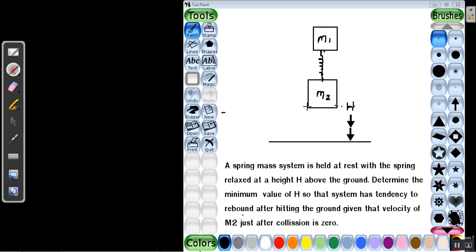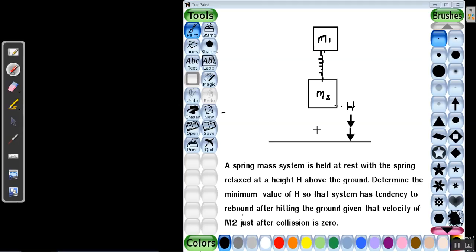When the system collides with the ground, the velocity of m2 just after the collision becomes 0.